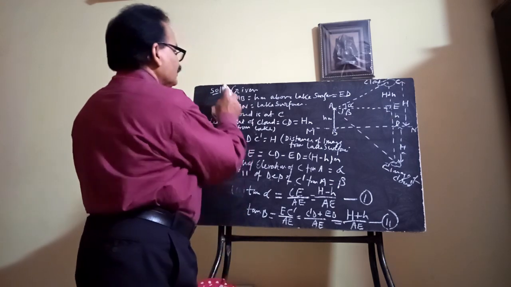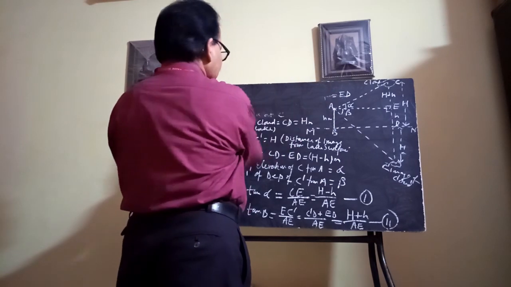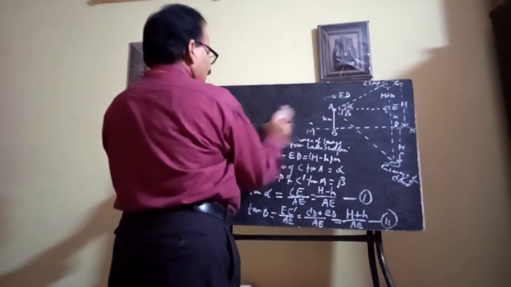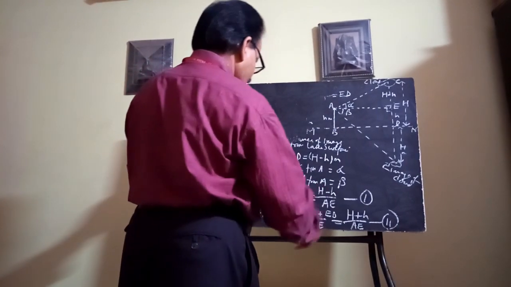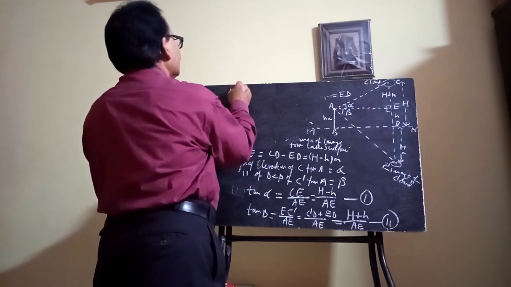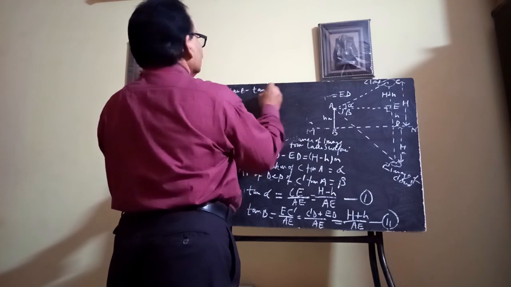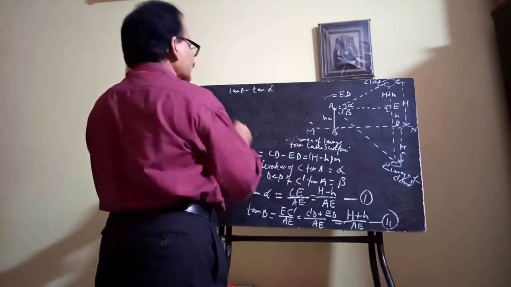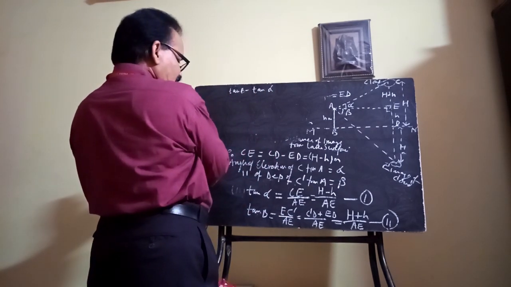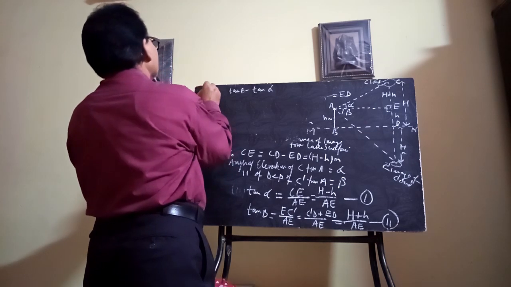Now for the next part, what you have to do is find tan beta minus tan alpha. That means equation 2 minus equation 1.